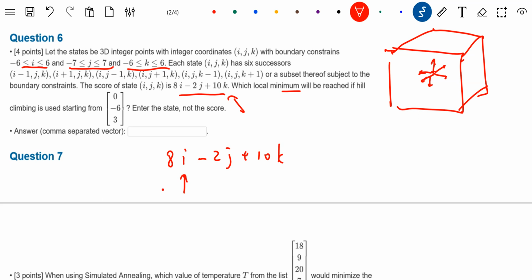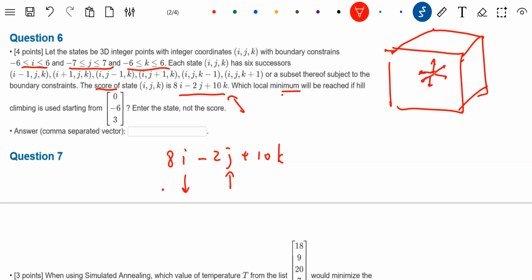So the larger the i, the larger the value. So we want the local minimum, so we want i to be as small as possible. For j, the larger the j, the smaller the total value, or I think it's called the score here, but it's just the value function.